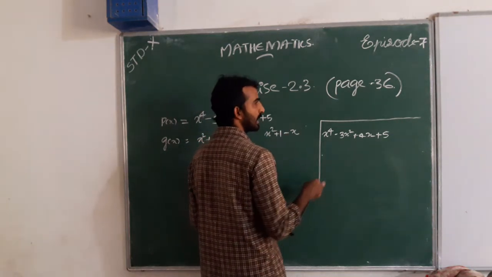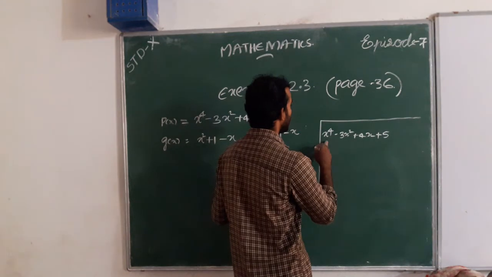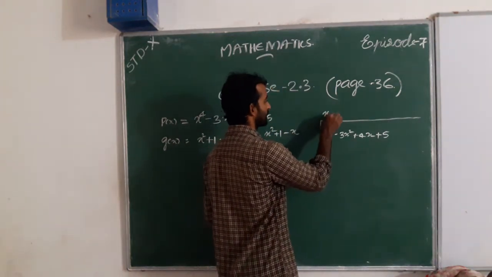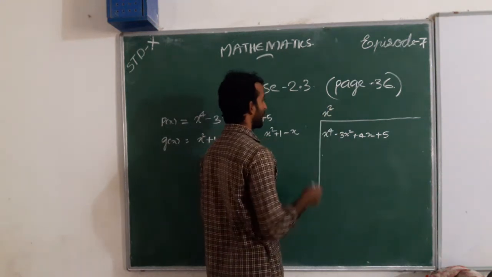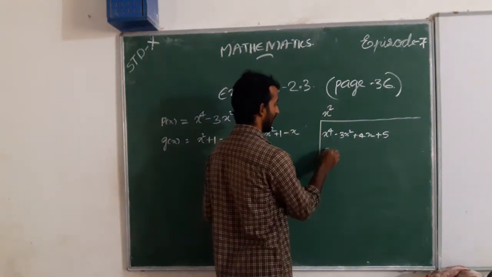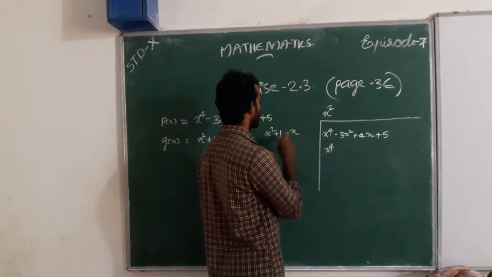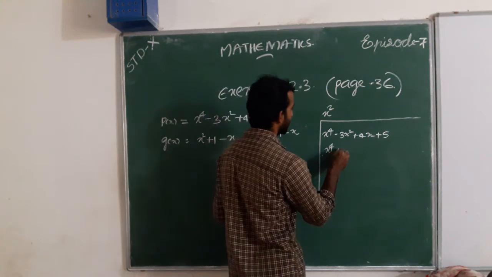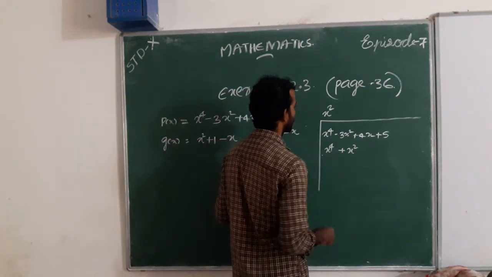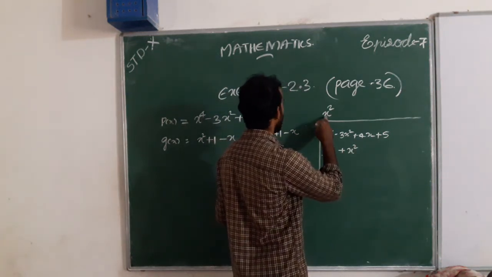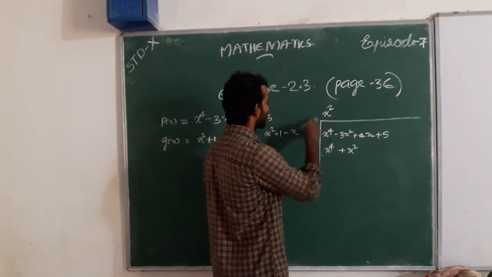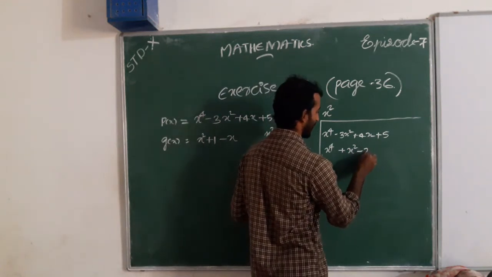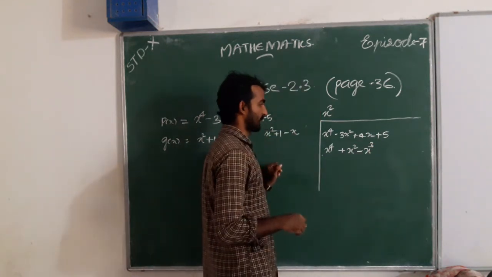We want to get x raised to 4, so we take x square: x square into x square we get x raised to 4, x square into 1 we get plus x square, and x square into negative x we get minus x cube.